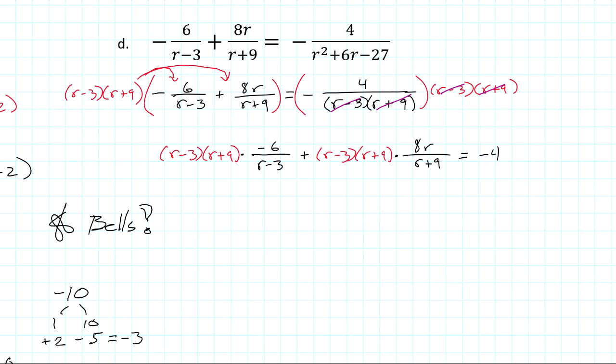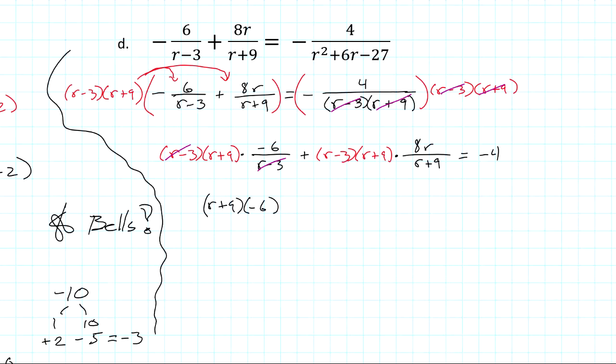All right, on the left side, we have r minus 3 times r plus 9, and we're going to multiply this by the first term, negative 6 over r minus 3. The r minus 3's can cancel, and we will be left with r plus 9 times negative 6.